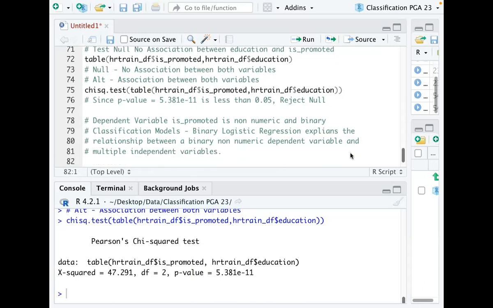So binary logistic regression explains the linear relationship. Sorry, I forgot the word linear. Between a binary non-numeric dependent variable and multiple independent variables.